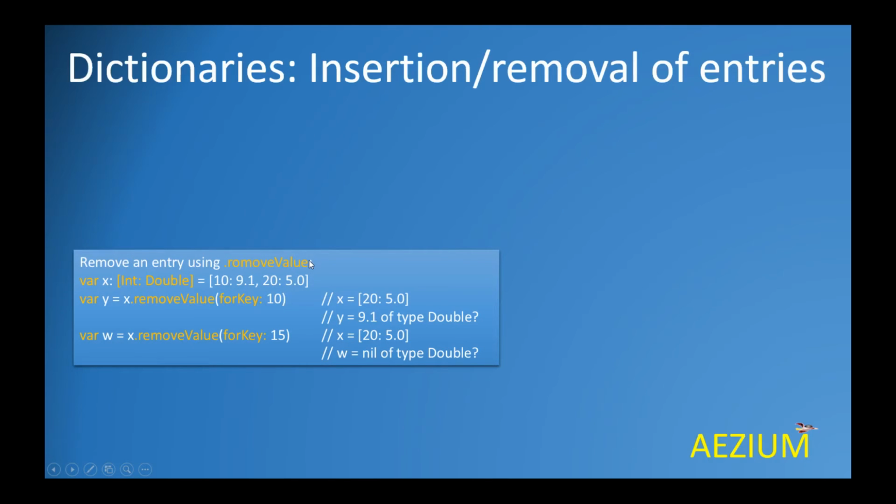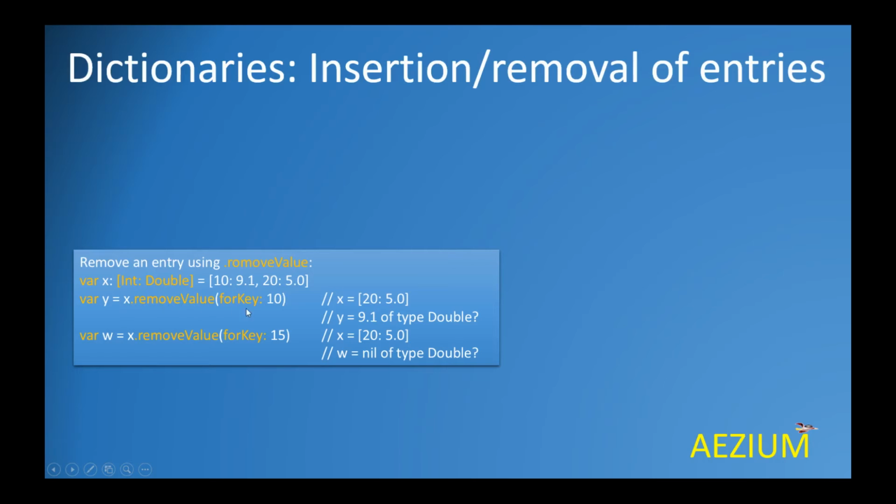Alternatively, we could use the dictionary's property removeValue to remove an entry from a dictionary. In this example, we have again a dictionary variable called X of type Int to Double.